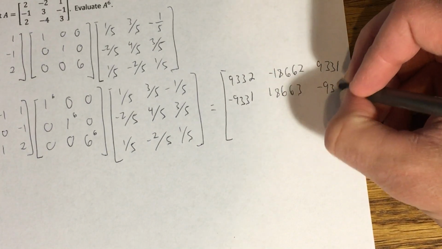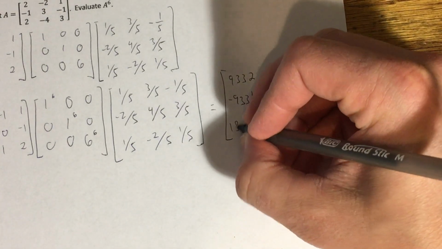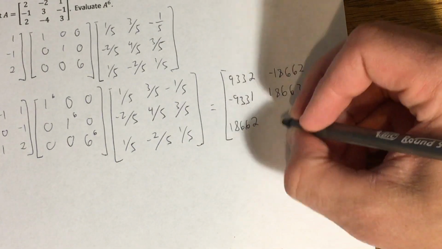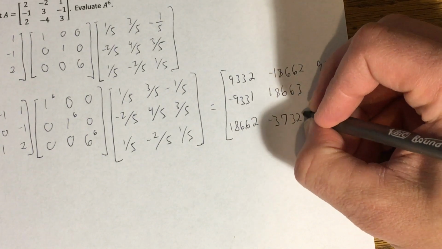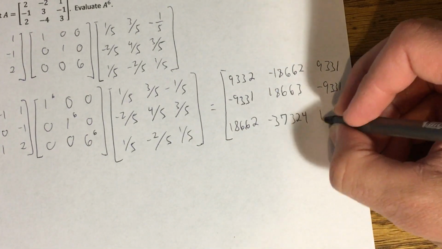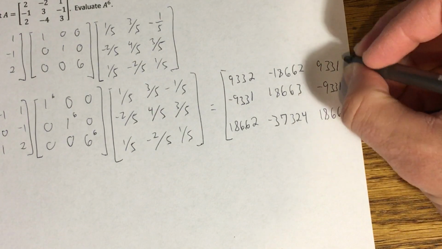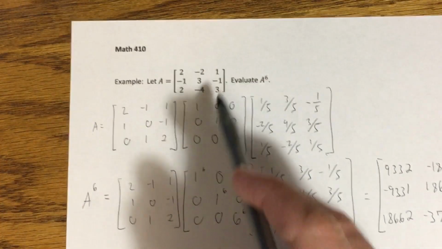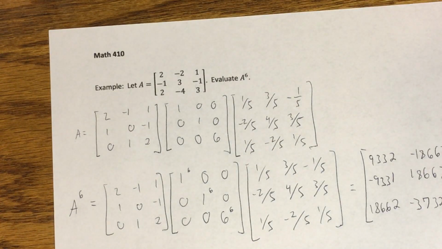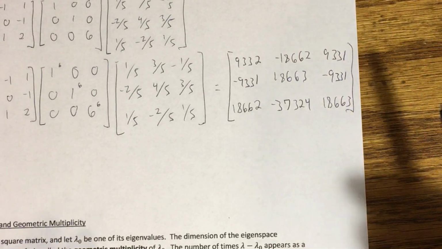Negative 9,331, 18,662, negative 37,324, and 18,663. So again, if I were to try and multiply this 3 by 3 matrix to itself 6 times, that would take a long time if I were doing that by hand.